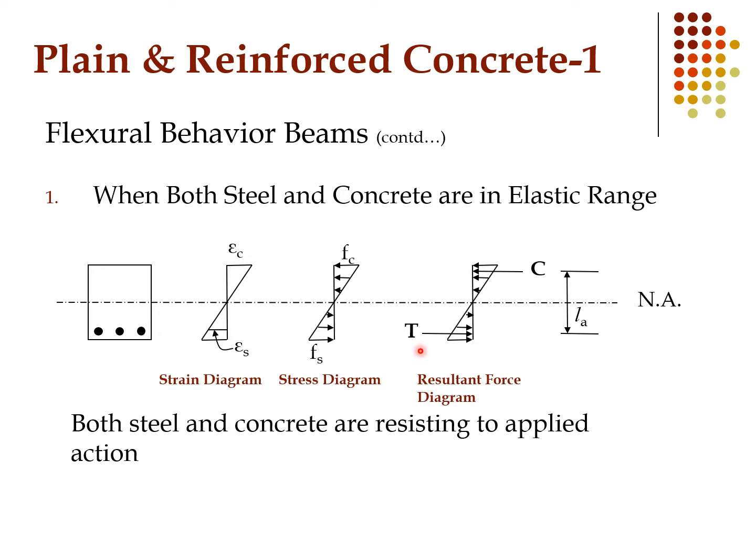The distance between these two forces C and T is basically LA. So this is the configuration of stress, strain and resultant force diagram when both steel and concrete are in elastic range. Here both steel and concrete are actually resisting the applied action.